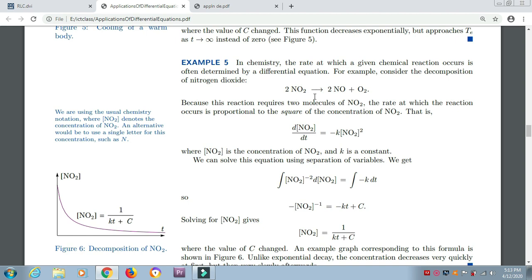Here we are decomposing, so minus k into [NO2] the whole square. This [NO2] is the concentration of NO2 and k is a constant. We can solve the equation using separation of variables.